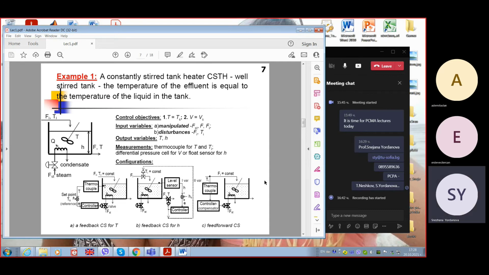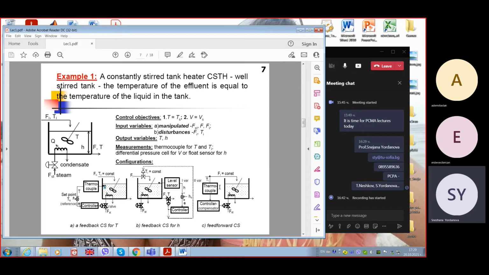So there are many measurable disturbances. All which we cannot measure will be felt in this temperature, and the closed loop system combined with this one is a good example of how to compensate the main disturbance through feed-forward compensation, and the rest of the disturbances as well as change of set point will be controlled by the closed loop system, because each disturbance will influence this temperature and this controller will start operation.